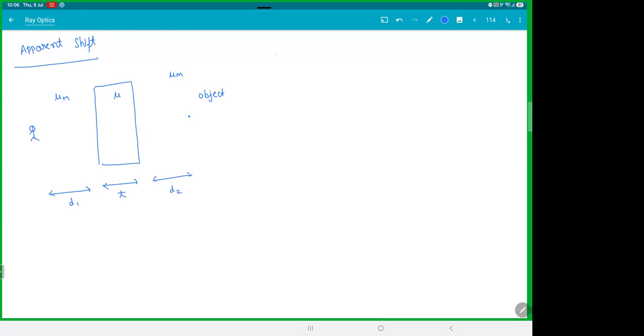Just now we saw the formula, the apparent distance was d1 plus d2 plus t by mu into mu m. Isn't that the formula? Just add all the distances. Slab becomes t by mu medium. So this mu is the slab.